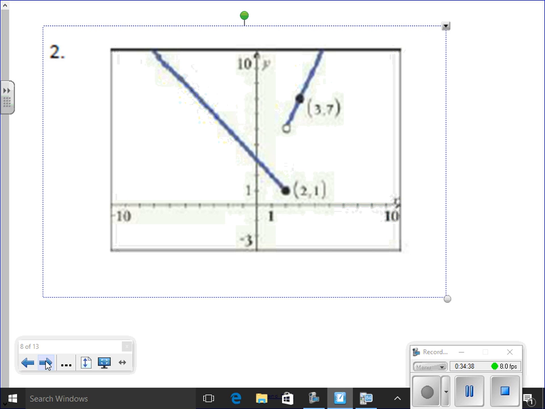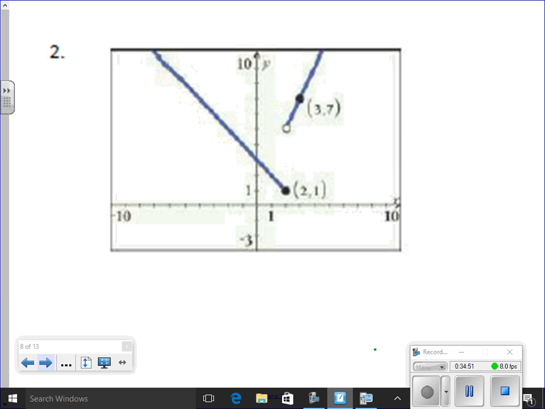Now we want to go the other way around on this one. So we're going to write this in function notation, or it looks like it's in equation notation. So y equals, and then the wall is going to be created at 2.